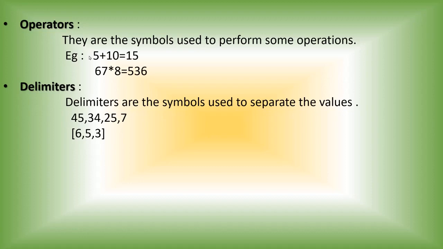So these are the different types of tokens. Tokens are the smallest unit of a program. The first category is identifier: identifiers are the names given to the different parts of the program. Second is keyword: keywords are predefined words which have predefined meaning.